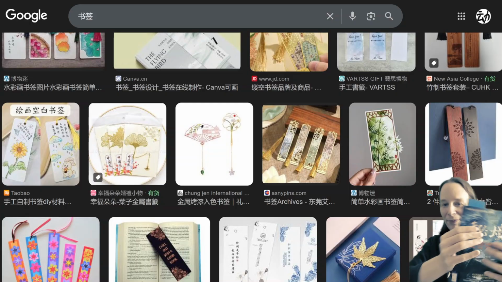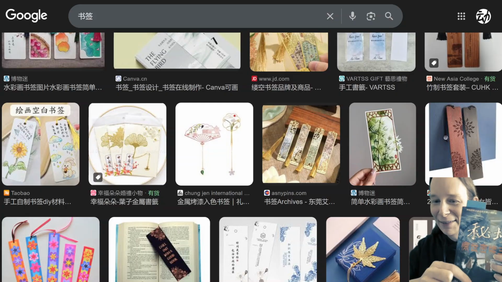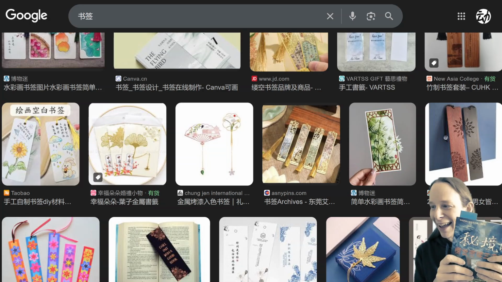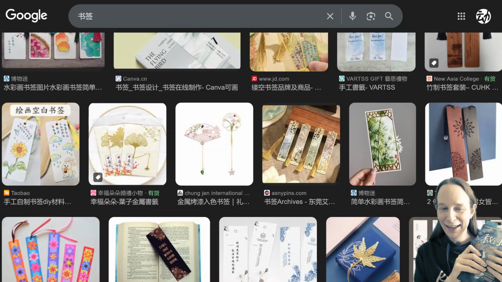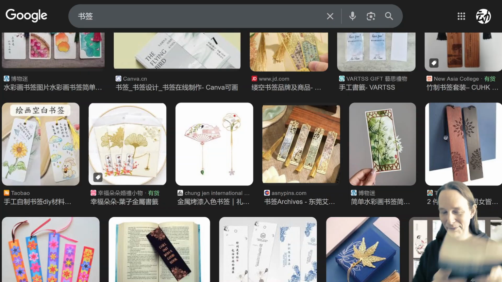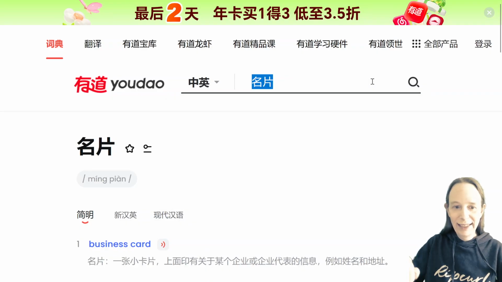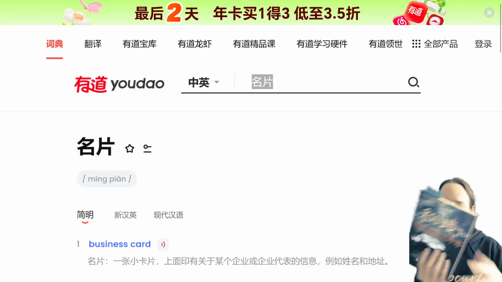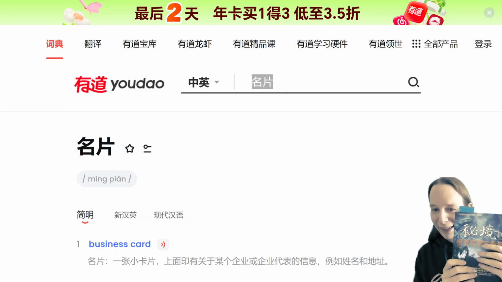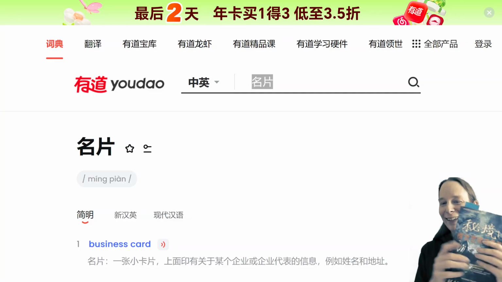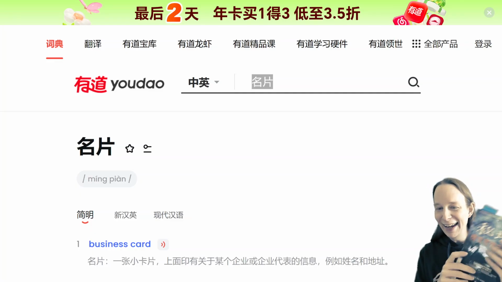Oh, I'm using someone's business card as my 书签. 名片. Is it 名片? Yeah. 以名片为书签. Yeah. So I use a business card as a bookmark.